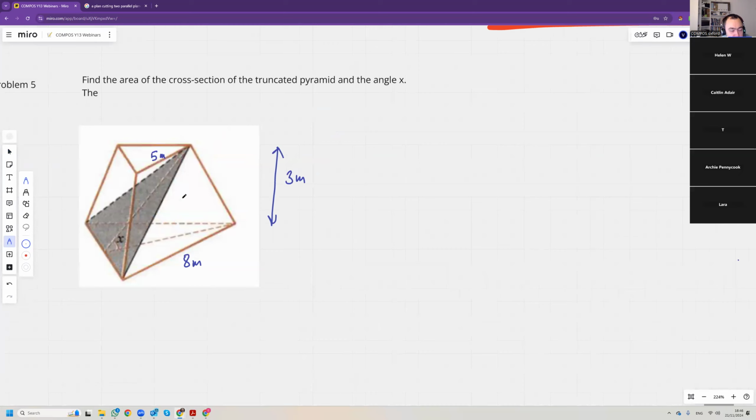Okay, so all we need is just to start looking for a nice right angle triangle. Or how about this one? I really like this one, because I think if we find something here, that would be nice.